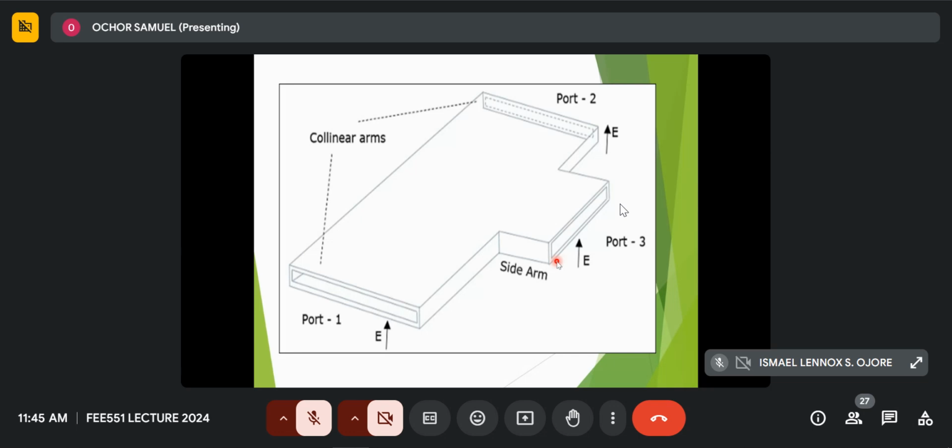If the E field is oriented vertically, the H field will be oriented across the waveguide, and the side arm that is added is parallel to the H field. That's why it's called an H-plane T. As by construction, we have a rectangular waveguide, then you add the side arm.